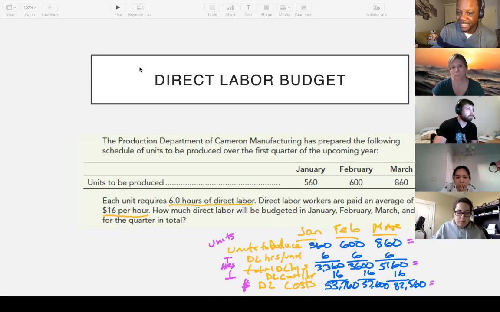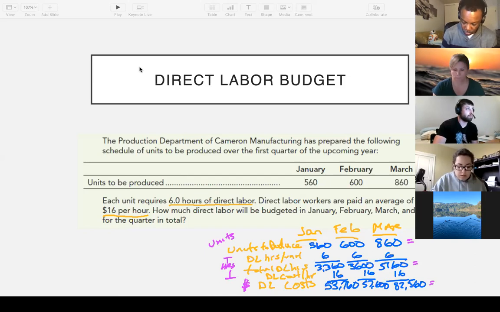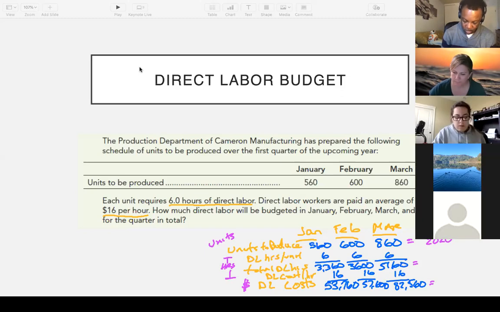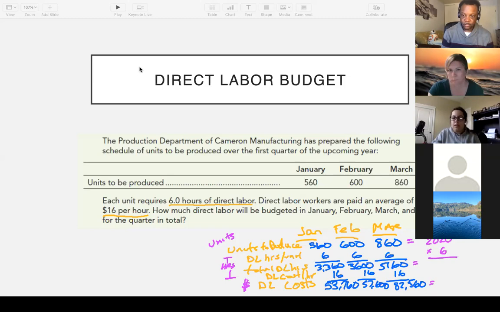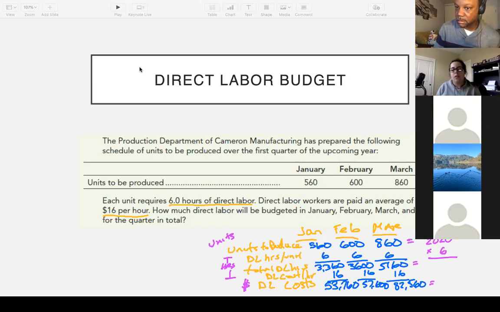So 560 plus 600 plus 860 is 2,020 units. The hours are not a percentage and not a dollar sign, they're hours every month. So 2,020 times 6 is 12,120.